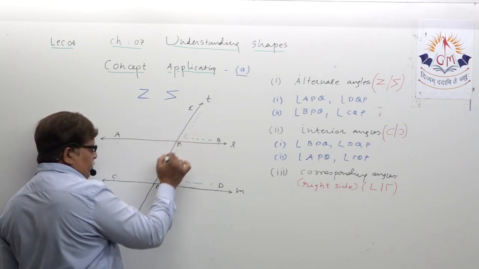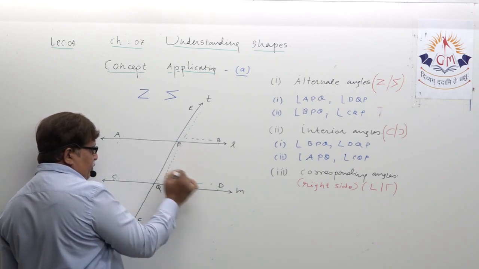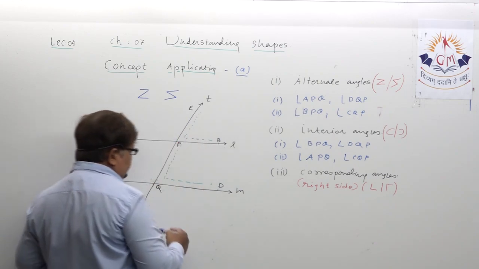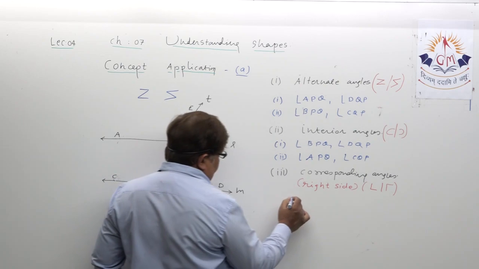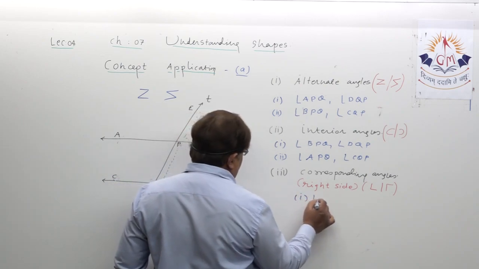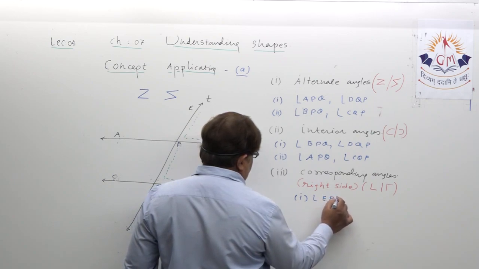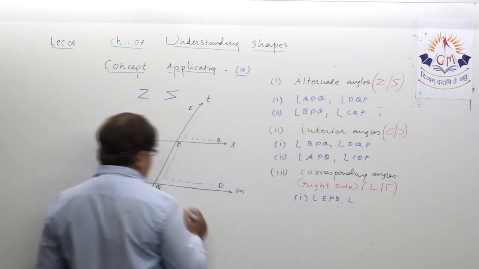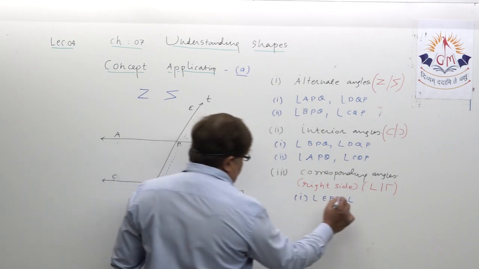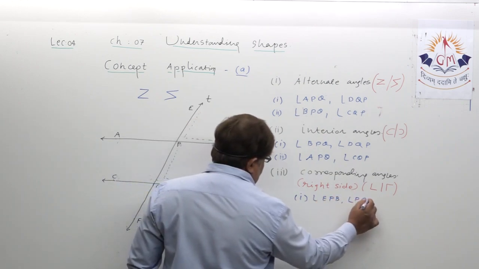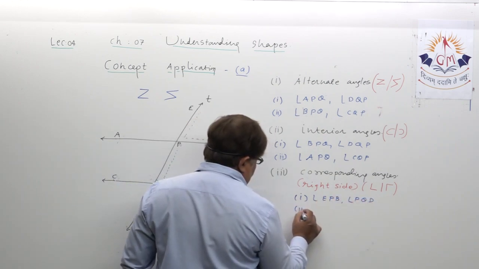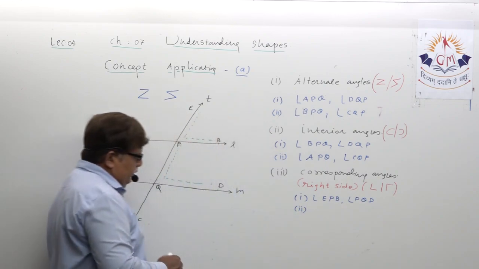See, the L I have drawn dotted to trace the pair of angles. Let me write the first one, angle EPB. What is the second pair? Angle PQD. For the second pair, dear student.